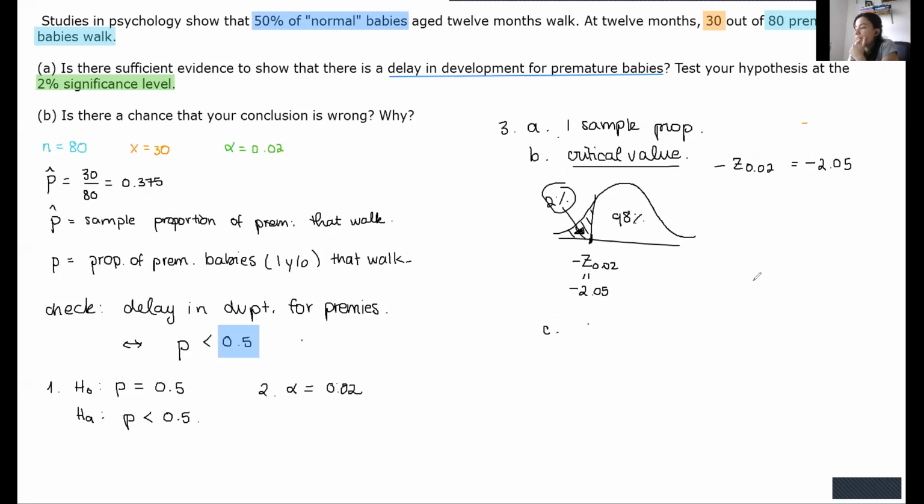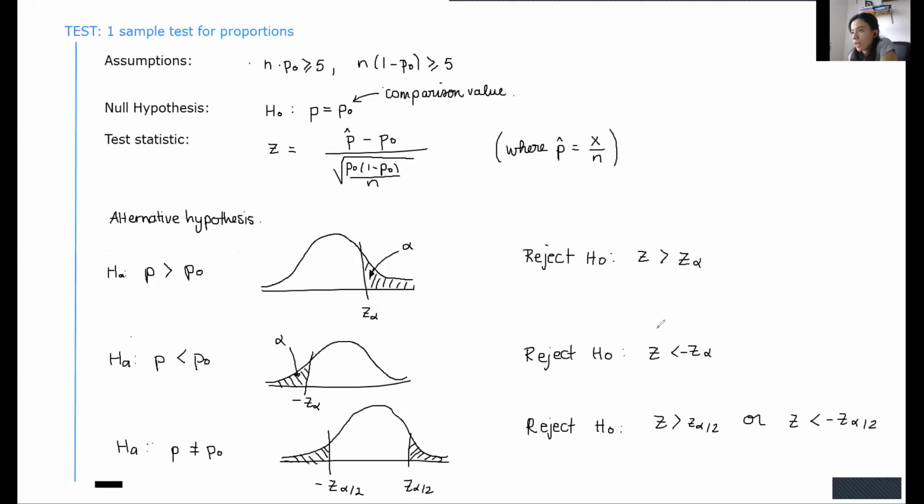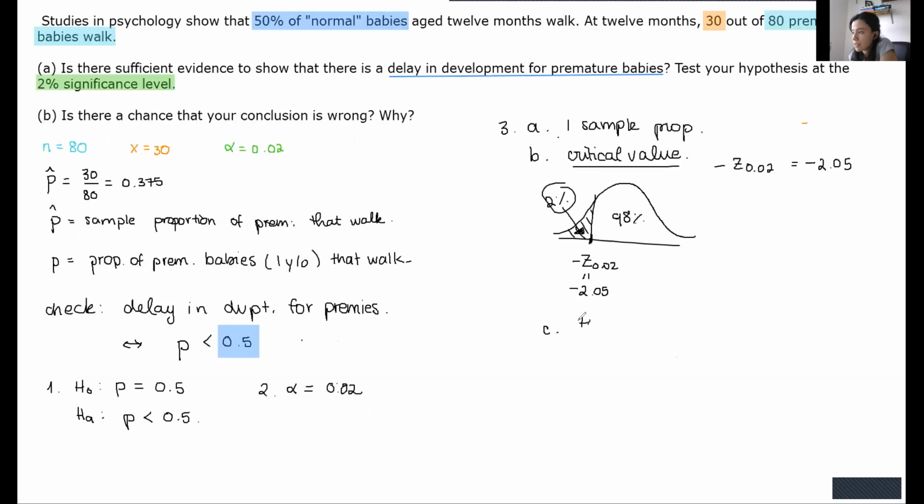Then I can evaluate the test statistic, which is going to be just Z, which is equal to P hat, that's 0.375, so always estimator, minus comparison value, so 0.5, divided by variability, which in this case is given by the square root of 0.5 times 1 minus 0.5 divided by n, which is equal to 80. And if you plug this into your calculator, you'll find negative 2.24.